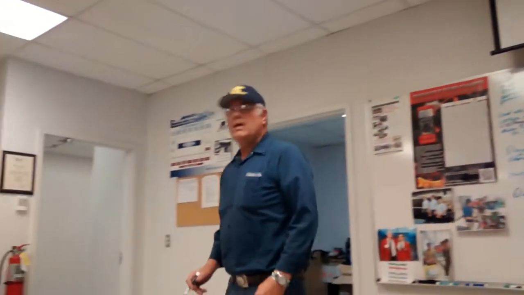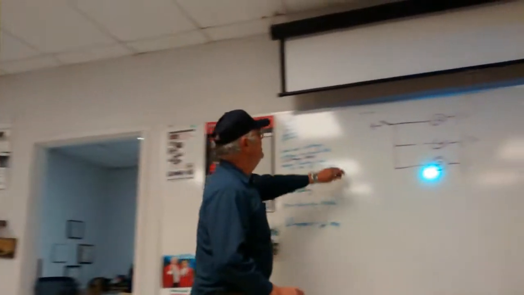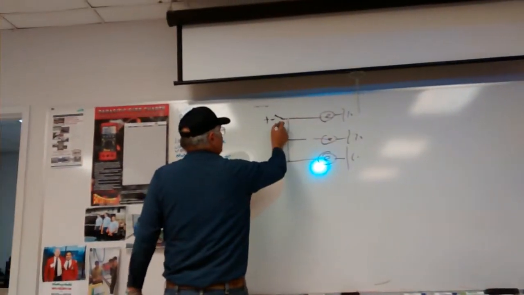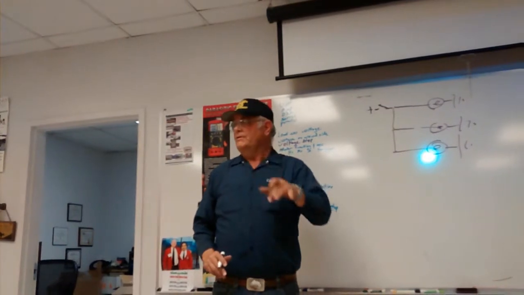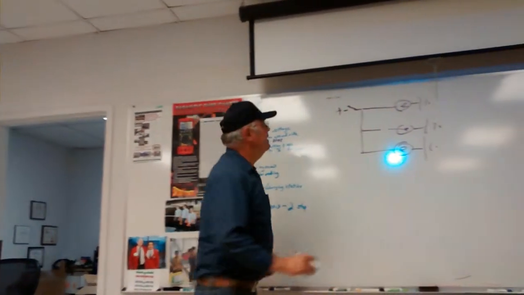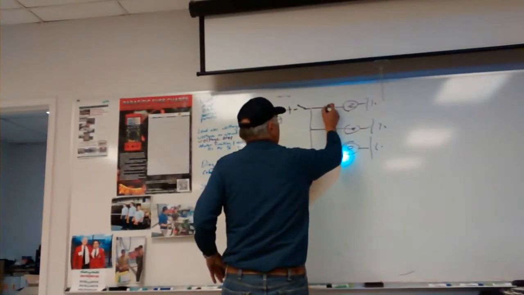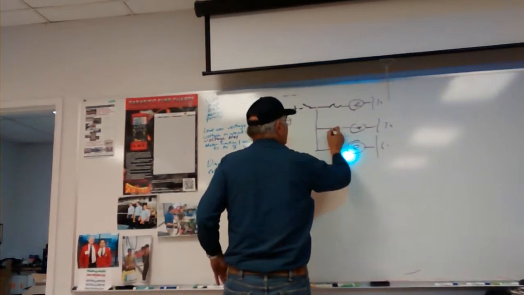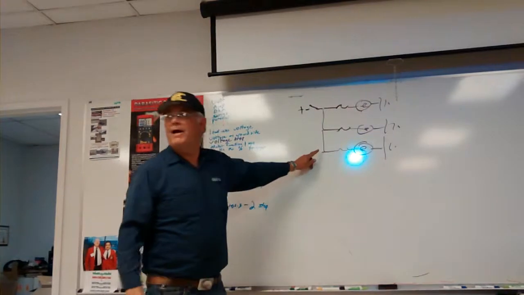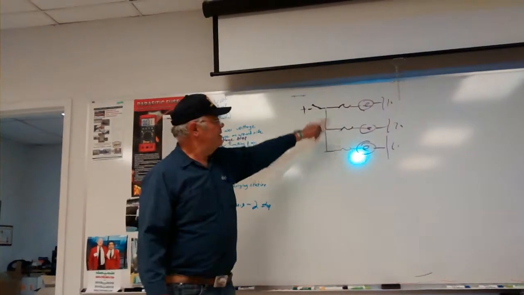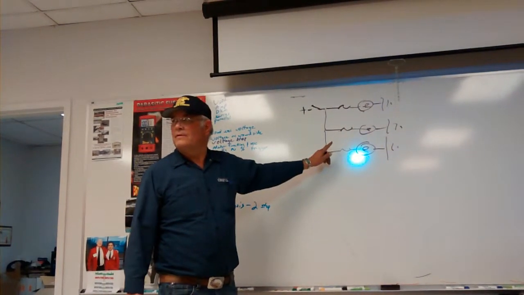Okay? I can put a fuse. If I want to put a fuse in the circuit, I can put it here. Some of you have been looking at light circuits, and they use a parallel circuit. And on this one, they're going to put a fuse. And this one, they're going to put a fuse. This one, they're going to put a fuse. Why did they do that? In case that side or that part of the parallel circuit has a problem.